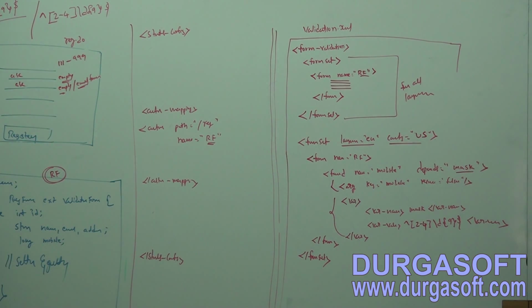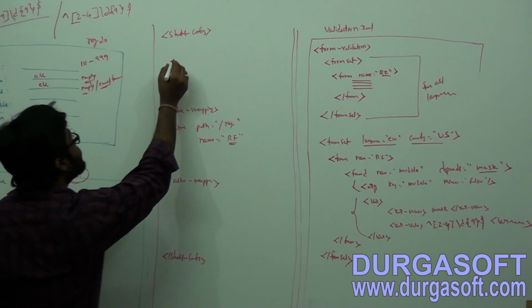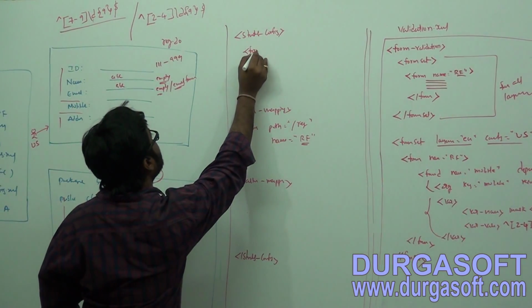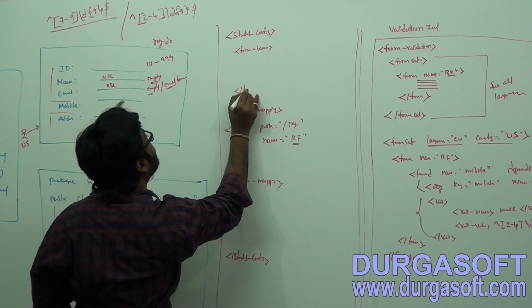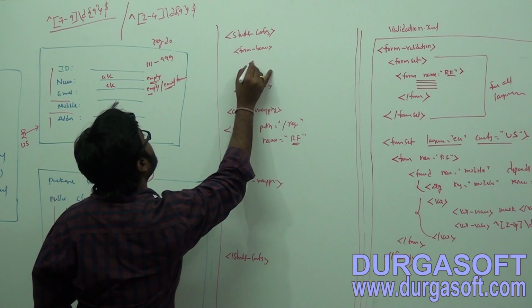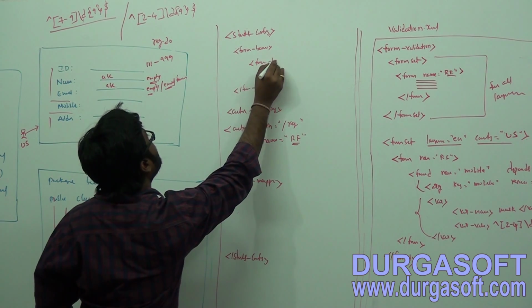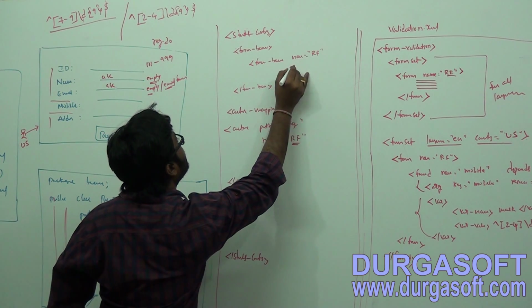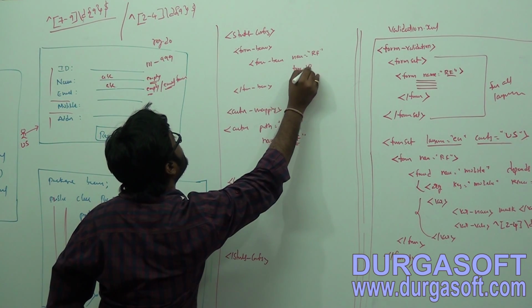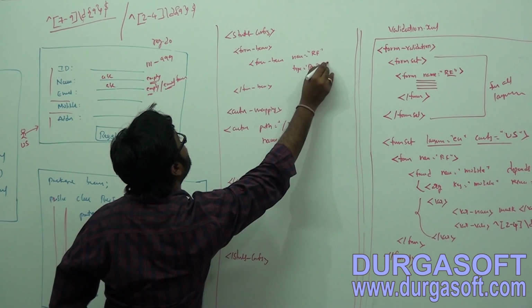Your validator form reference name. This validator form reference name, where should we create it? Under form beans. In between form beans and form bean, reference name rf, and the class name registration form bean.